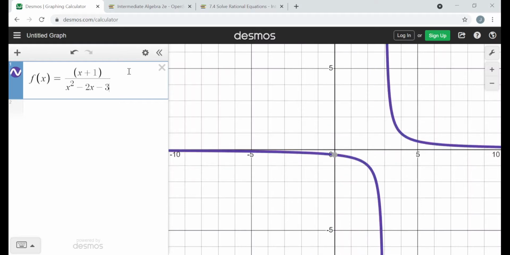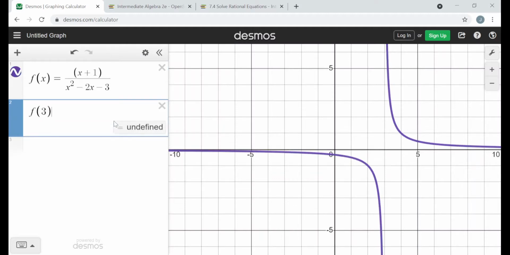Let me show you that x can't be 3 or negative 1. Even below, if I just type in f of 3, it's going to say undefined. You can't plug in 3. If I type in f of negative 1, you see it says undefined.